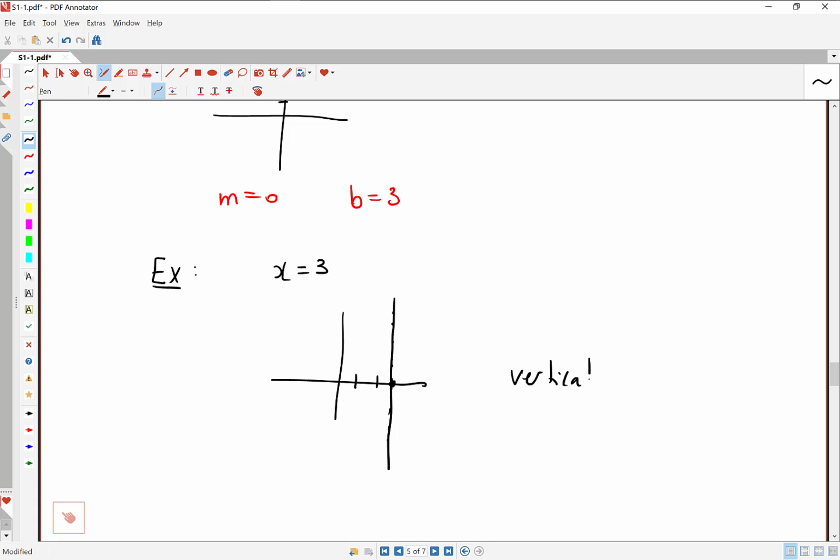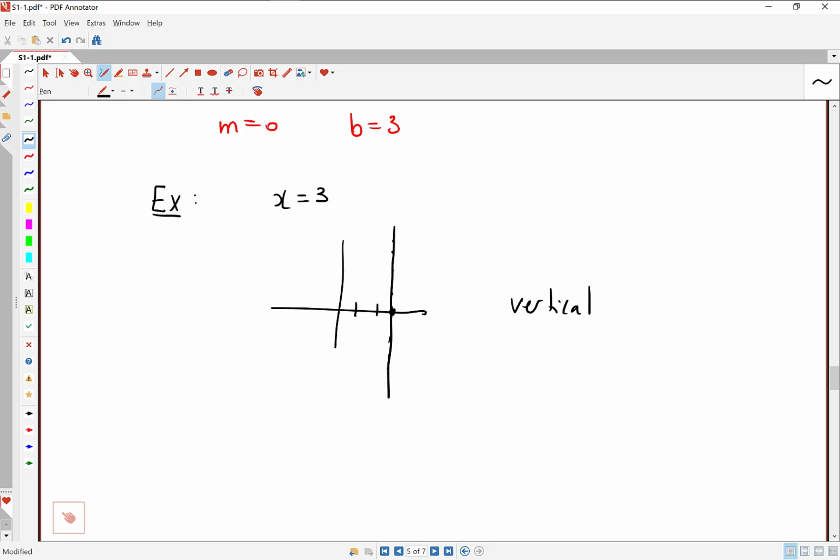So x equals something is a vertical line. If we think about the slope and the y-intercept of a vertical line, turns out they're both undefined. So m and b for a vertical line are undefined, meaning it doesn't make sense to talk about them.